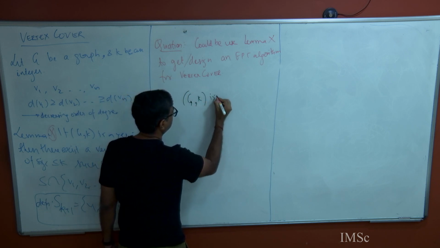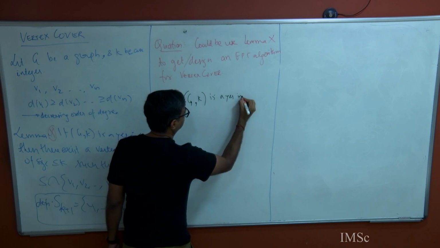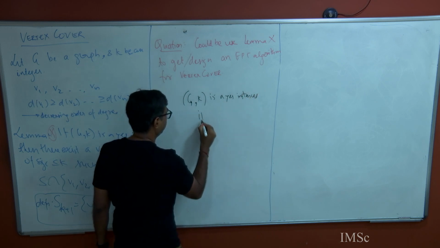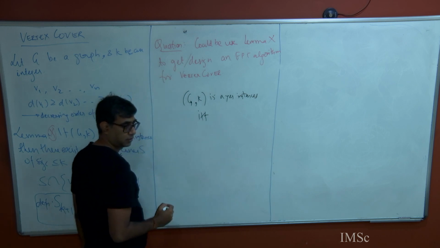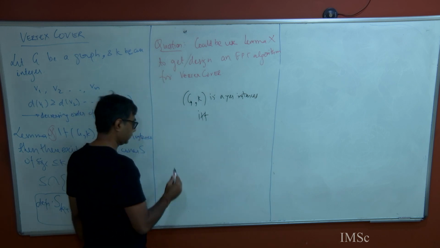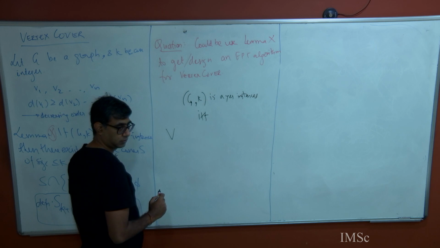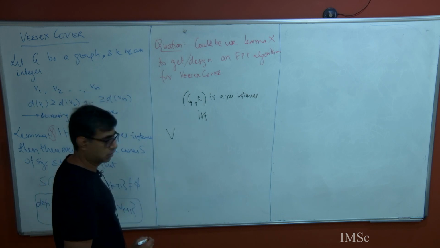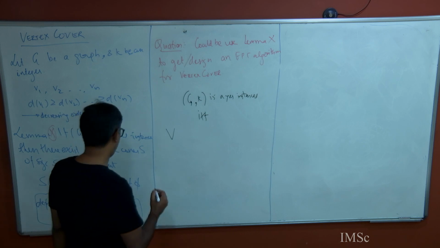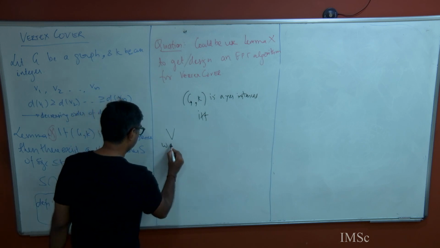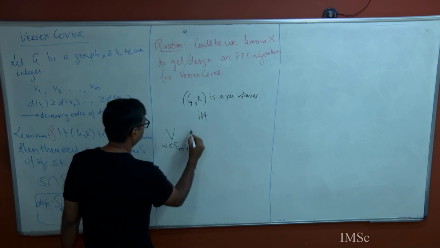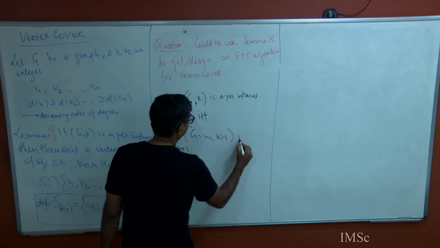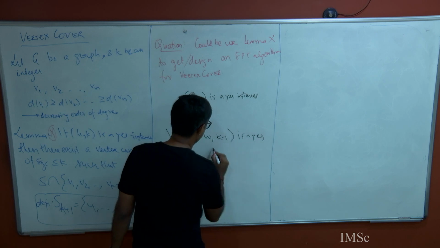G comma K is a yes instance if and only if this is an OR over W in Sk plus 1, where the instance obtained by picking W is a yes instance.